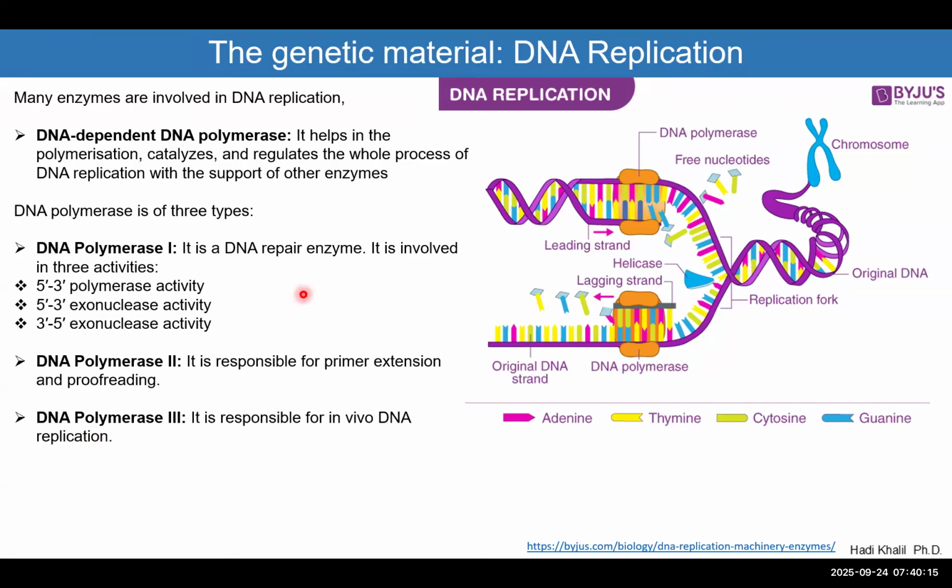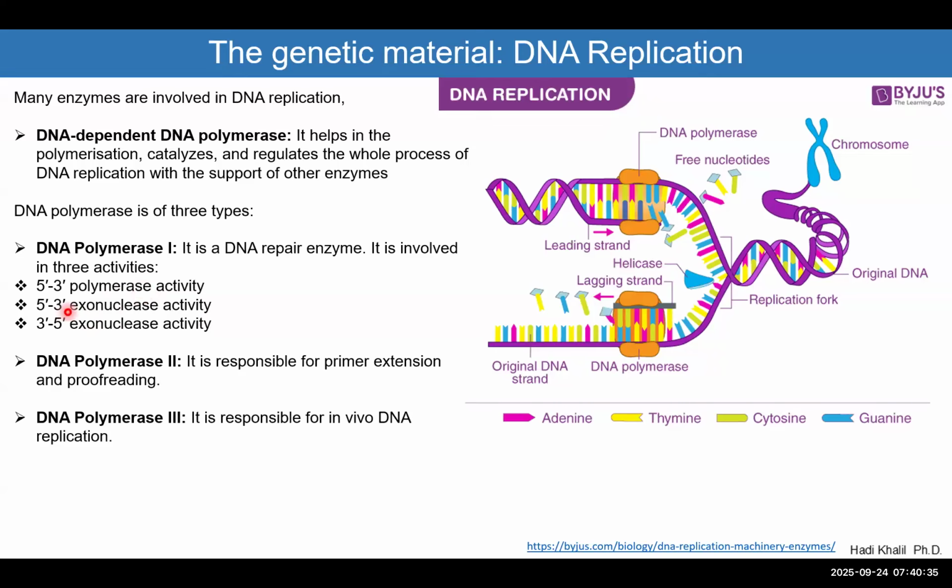Some of them have different activity. For example, polymerase 1 has a DNA repair activity. It could polymerize from the 5' to 3'. It could also act as an exonuclease. Polymerase means adding the nucleotide.